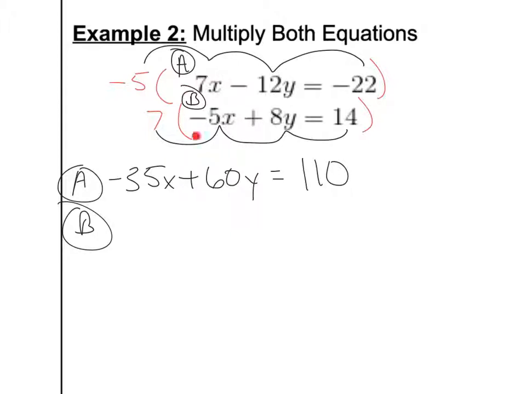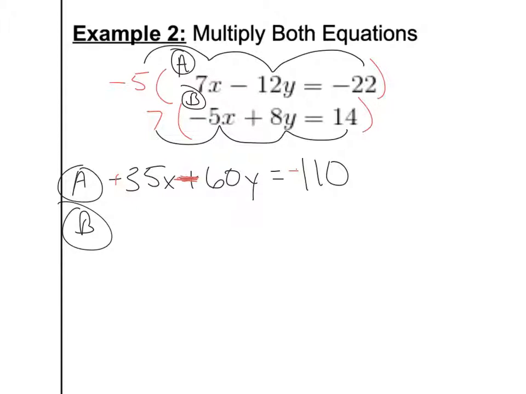I liked the signs the way they were, right? One was positive, one was negative. I should not have multiplied by this negative. So all we've got to do is go back through and change all these signs. Make him a negative, make him a negative. So positive 35, negative 60, negative 110. It's a good thing it's Monday morning.